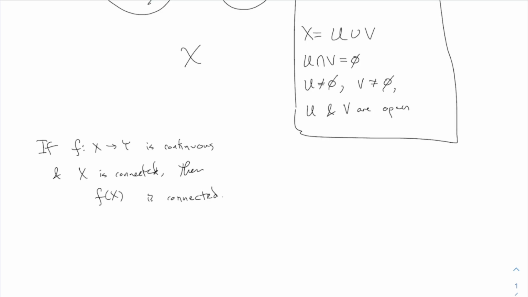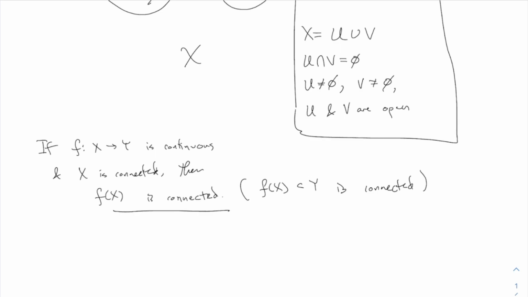Now, one preliminary that we need to discuss is that the conclusion here is f of X is connected. Really, I should say f of X, being a subset of Y, is connected, right?